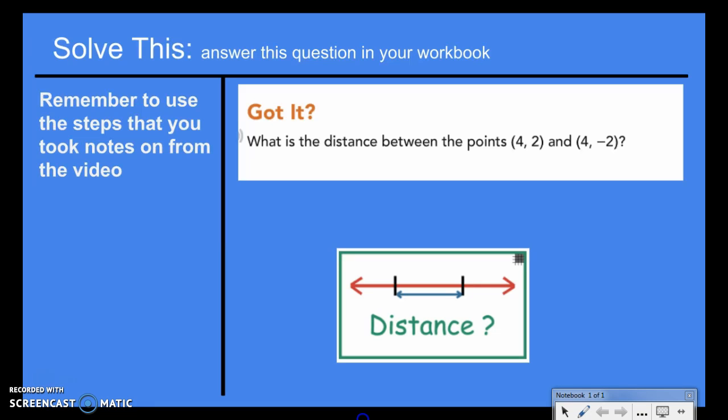Okay? So you're going to use the same method that the man used in the video, and you're going to find the distance between 4, 2 and 4, -2. Okay? Go ahead and write down the question so you know what your goal is when you come back to your notes and look them over. That way you're not confused as to what you were doing.